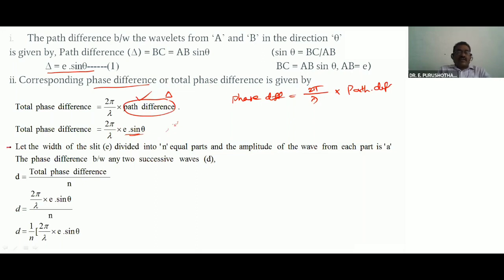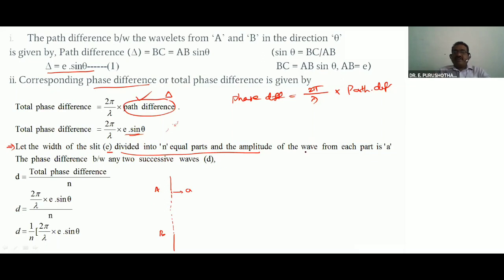So here you clearly observe, this is the AB slit. The AB slit is divided into, you see here, let the width of the slit be e. It is divided into n equal parts. So it is divided into n number of equal parts. This smallest part has amplitude small a.